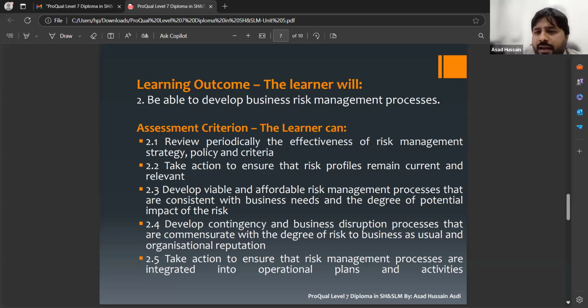In this assessment criteria, a candidate has to explain, he has to give narration of how in his organization they are reviewing periodically the effectiveness of risk management strategy, policy, and criteria. That is, how well the risk management strategy, policy, and criteria is working in their organization.